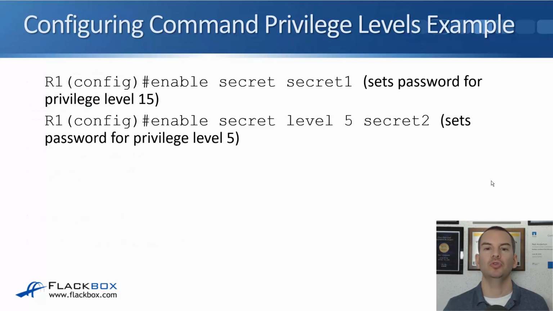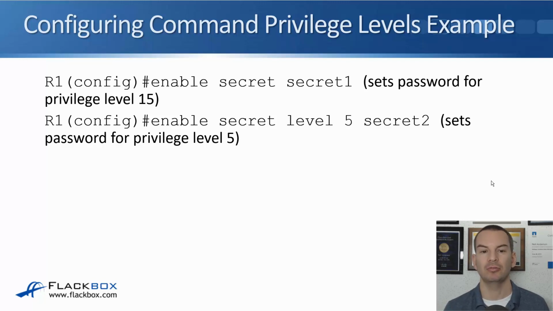Okay, last thing to show you here is how we can also set the password for a privilege level directly at that level. So here, when we do enable secret, secret 1, if you don't specify a privilege level when you set the enable secret, it defaults to setting the password for privilege level 15.